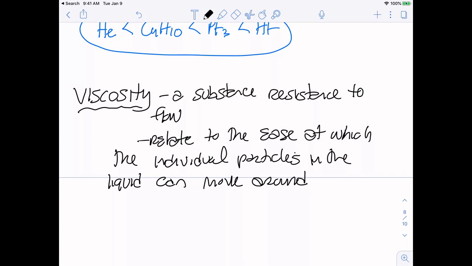If they can move better, they flow better. If they cannot move as well, they flow not as well. They're going to have a higher viscosity. So stronger intermolecular forces, more resistance to flow, so higher viscosity.